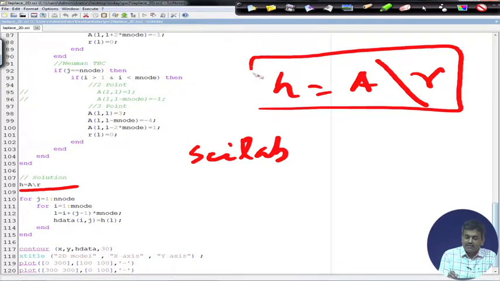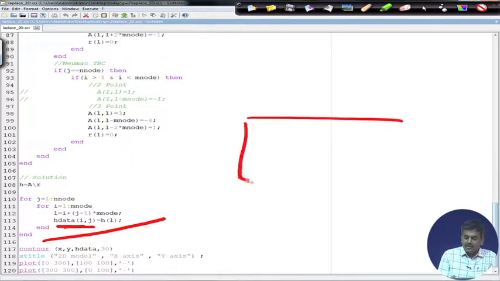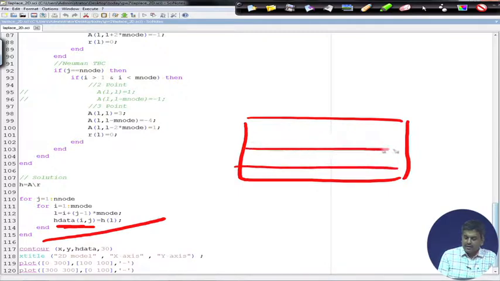but in this case to reduce the code size I have used this internal function here, and if you use this internal function then again you need to transform it back. That means again I need to write it in terms of I j m. So, H data is basically nodal data.